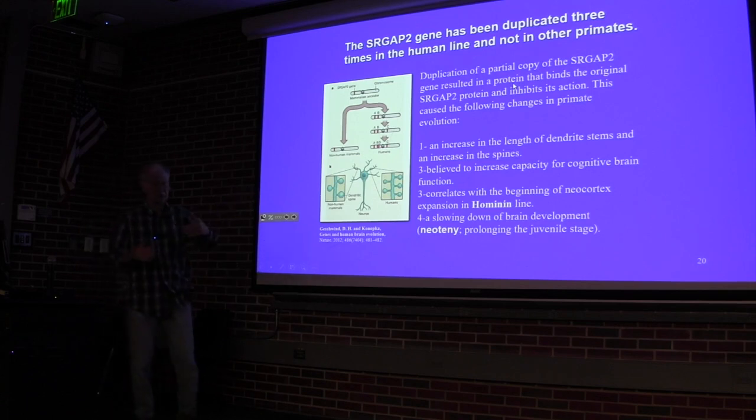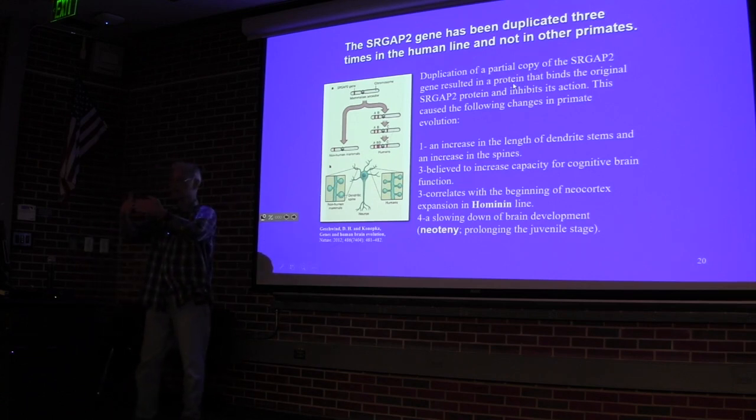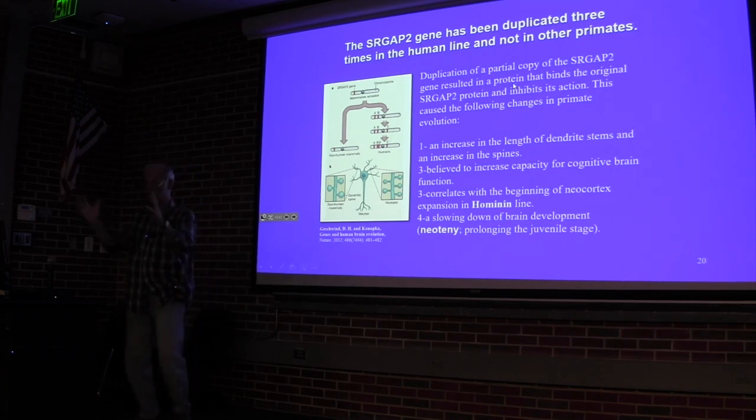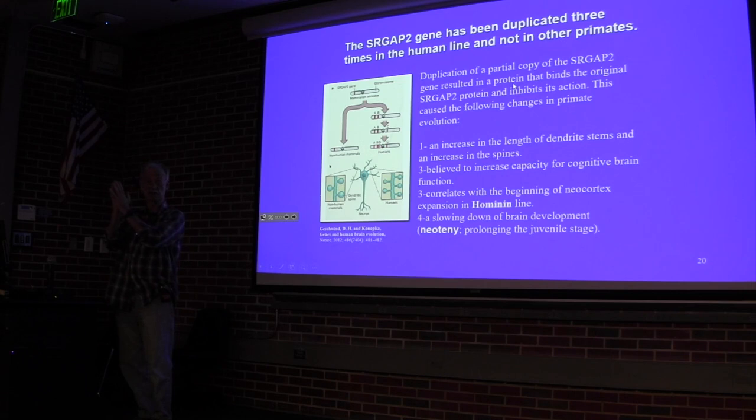The duplication, being a truncation, can still bind. It forms a dimer when it normally functions with itself. The wild type functions as a dimer with itself, helps brain development. But when it dimerizes with the truncated or shortened form, it's insoluble.